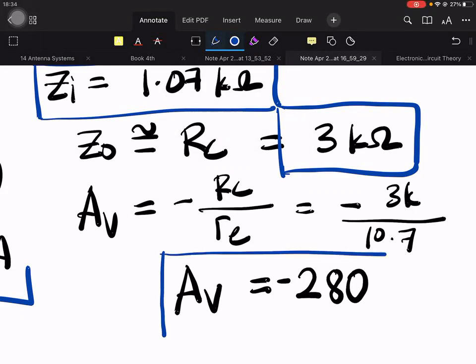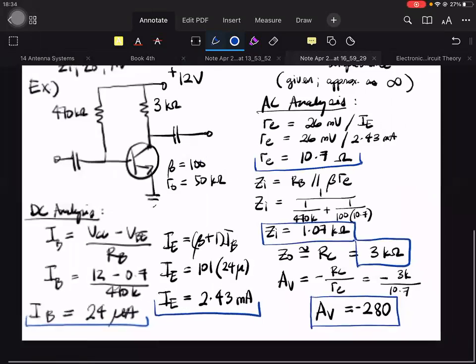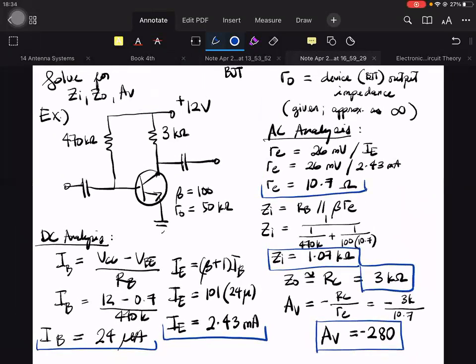So just negative 280. Right. Any questions?